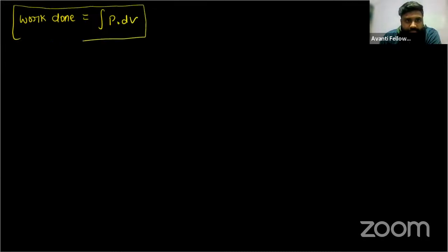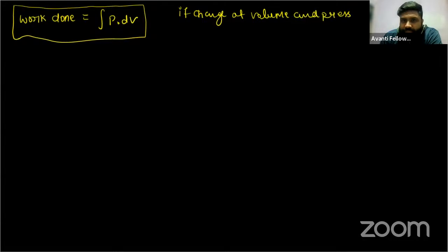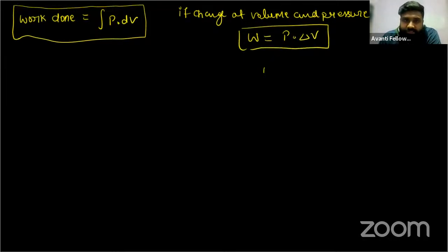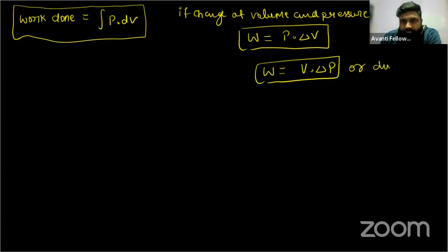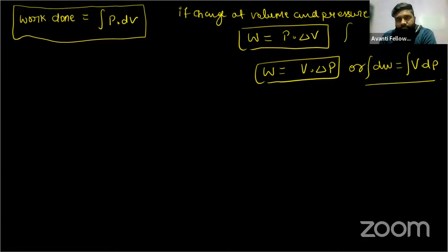If pressure is constant, then work done is directly P into delta V. If volume is not changing but pressure is changing, the same will be given by V into delta P, or V dP. Got it?